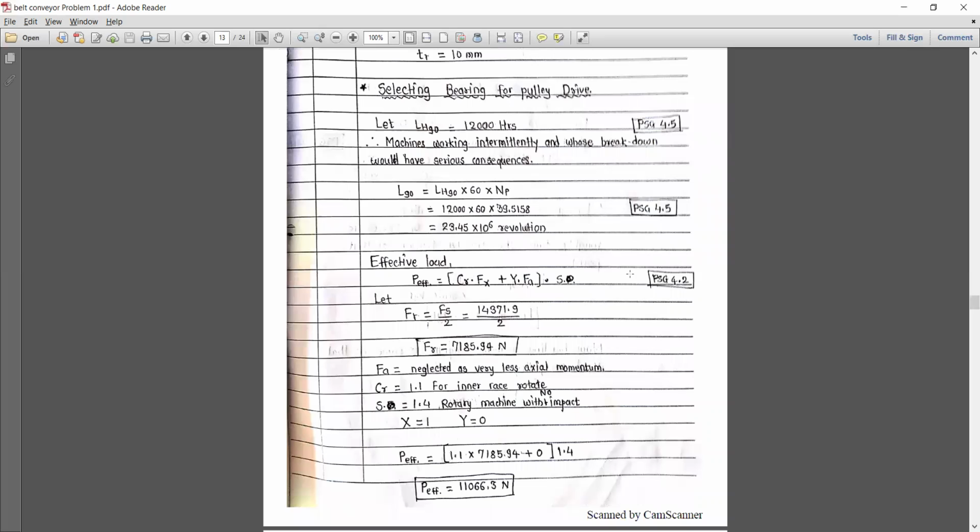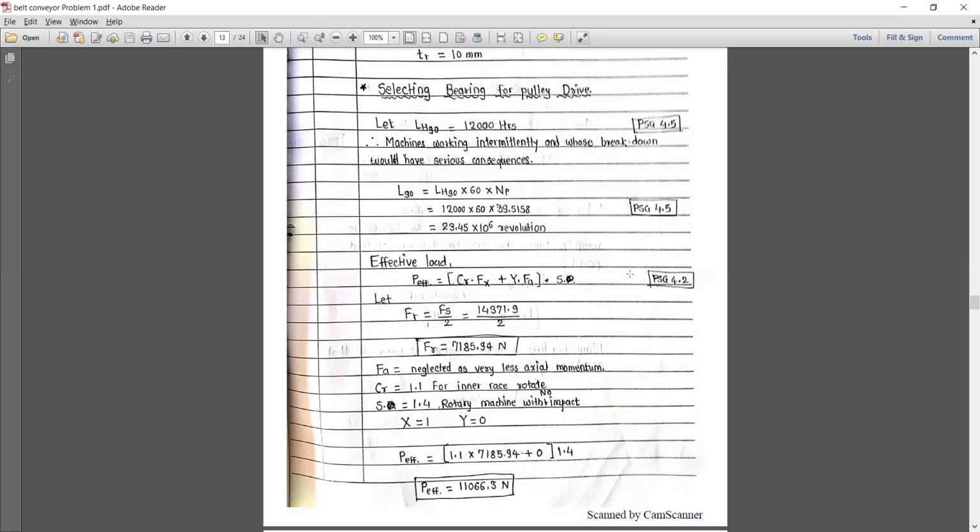The L10h value or L90 value we are considering is 12,000 hours, considering the machine is working intermittently and a breakdown would have serious consequences. Here a belt conveyor should not break down, that we know. So based on this application we have considered that much life.